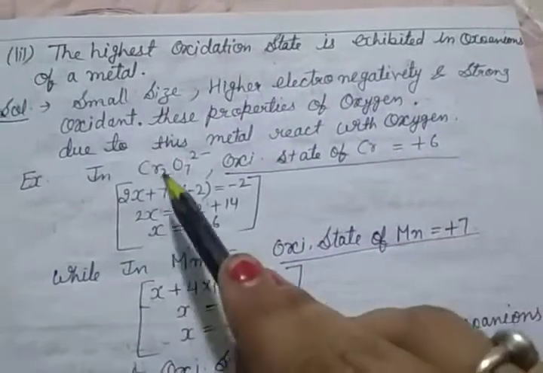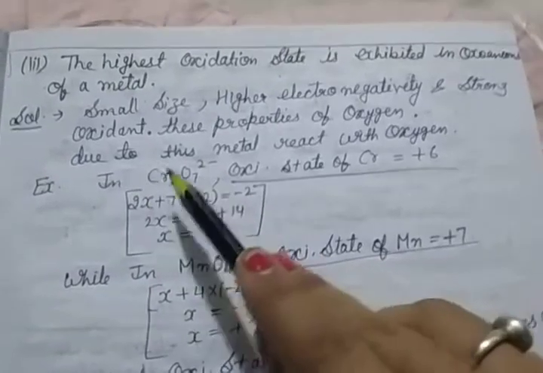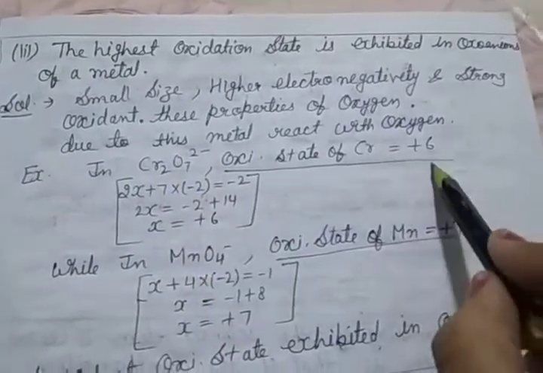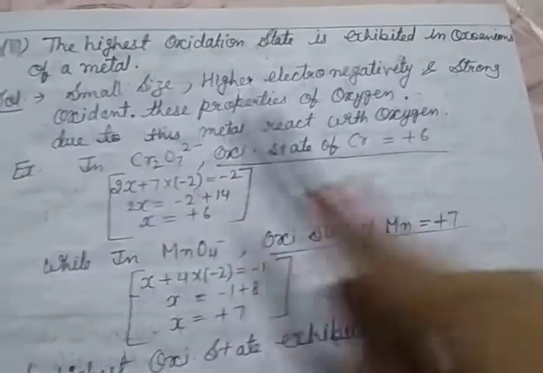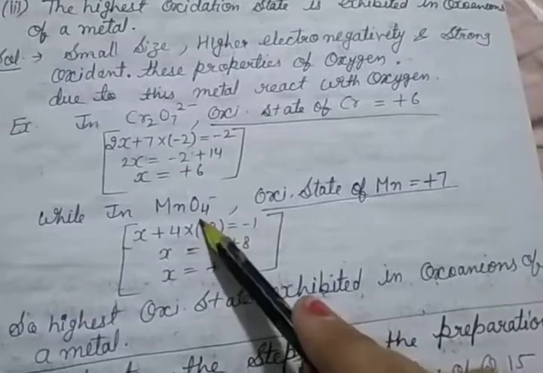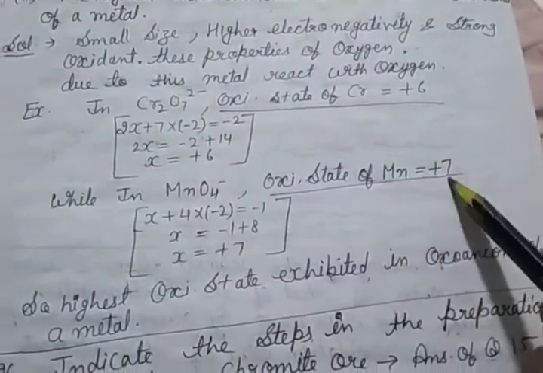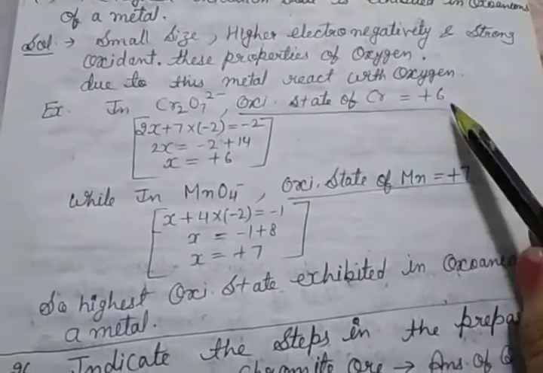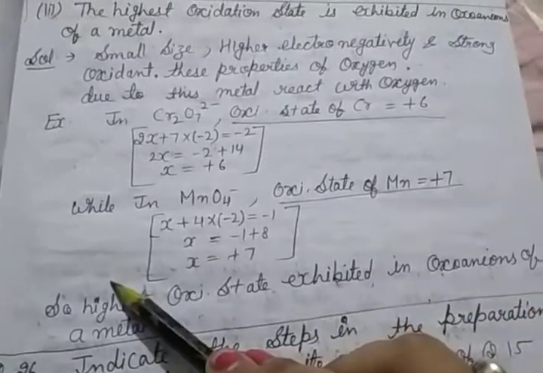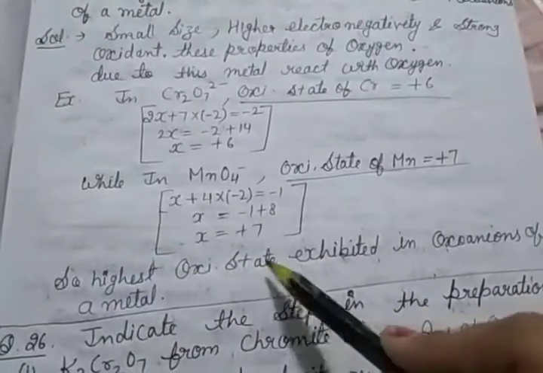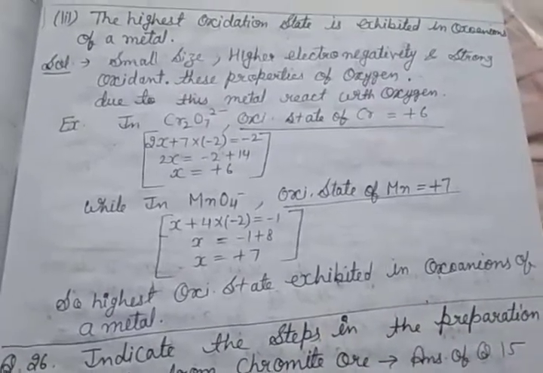For example, in the dichromate ion Cr2O7 2 minus, the oxidation state of chromium is +6, a higher oxidation state because the maximum number of oxygens is connected to the metal. In MnO4 minus, 4 oxygens are attached to manganese, so the oxidation state of manganese is +7. So the highest oxidation state is exhibited whenever the maximum number of oxygens is attached, in oxoanions of a metal ion.